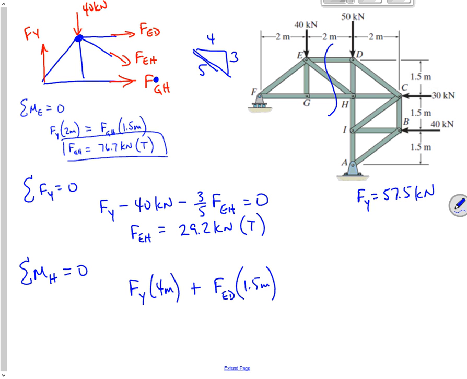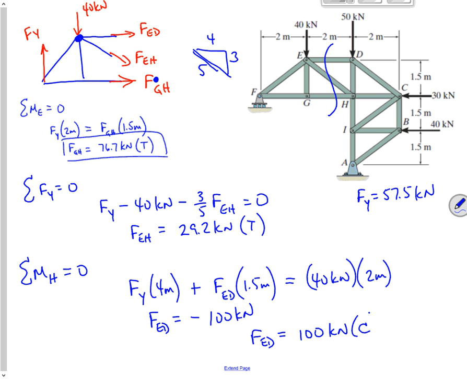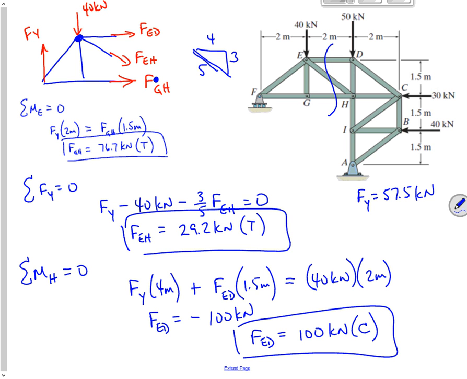Those both make it rotate clockwise about H. And then counterclockwise about H is that 40 kilonewton load, which is 2 meters. So I solve for FED. I find FED is minus 100 kilonewtons. So FED is 100 kilonewtons compression. So there's my 3 answers. And we're done.